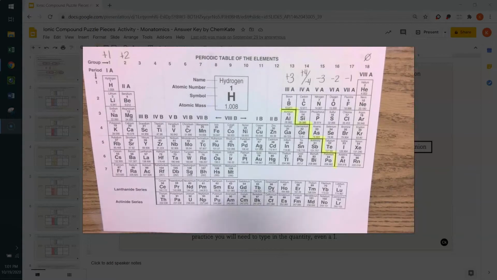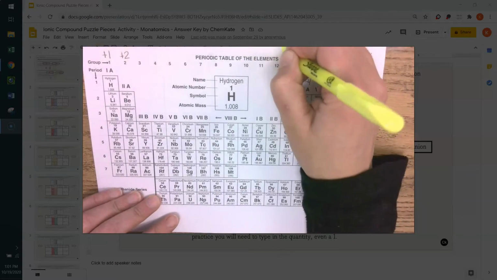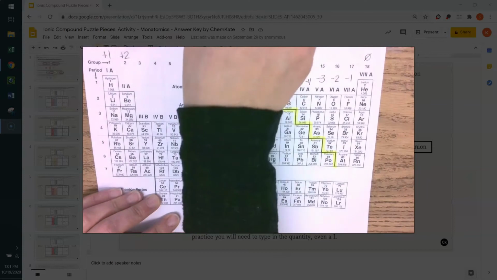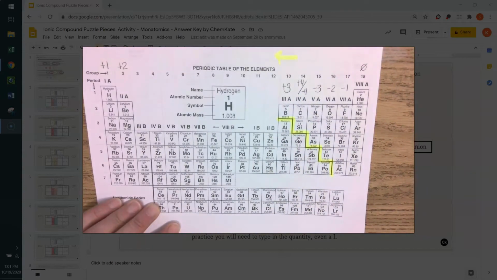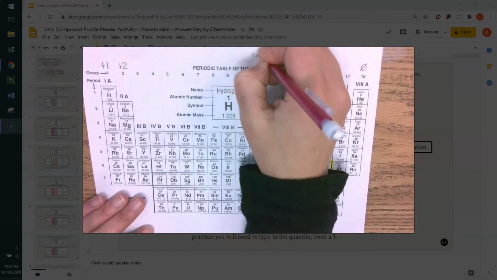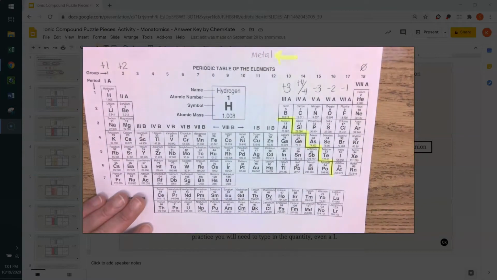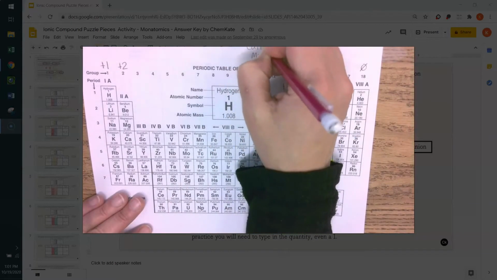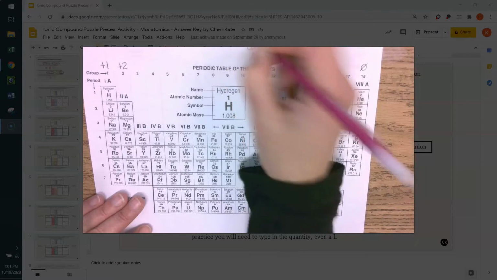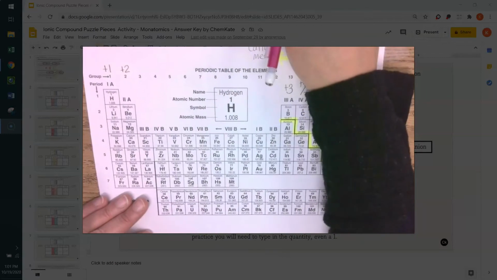So pretty much from this point over, you deal with metals. Anything from this point to the left is considered a metal, and all metals form cations. These are your positively charged ions.